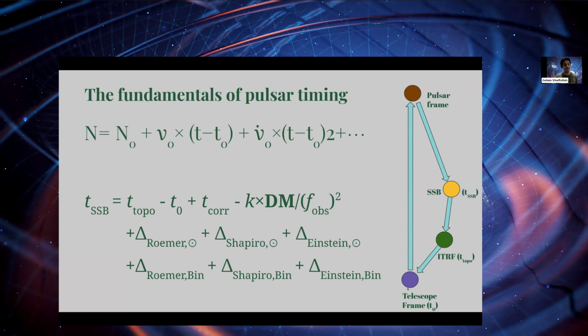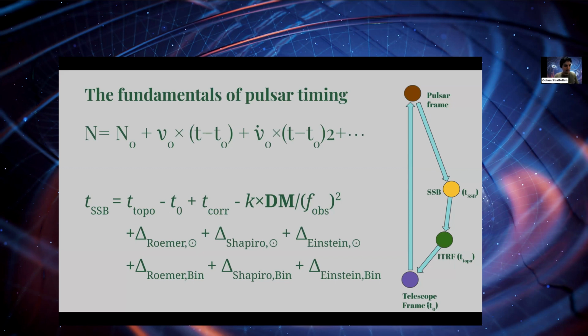That if we want to translate the time of arrival at a telescope to the solar system barycenter, we need to correct for the time measured.